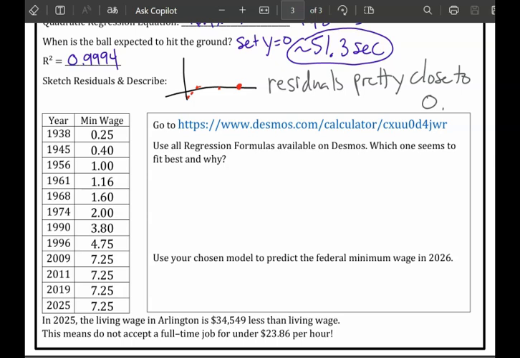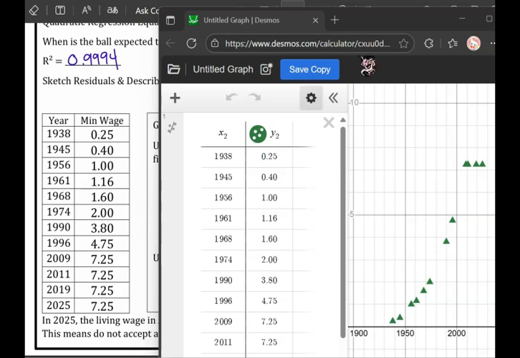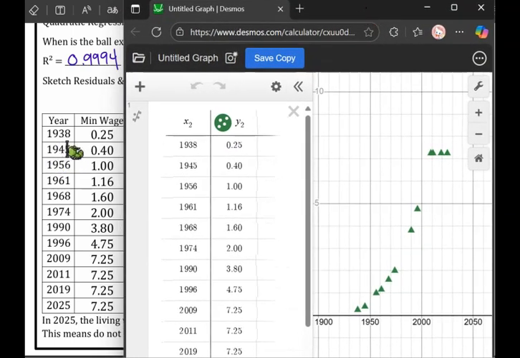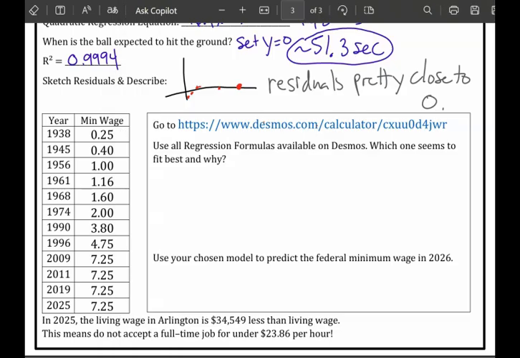All right, so let's go to this Desmos page specifically. This Desmos page takes you directly to the years and minimum wages already graphed. So use all the regression formulas available on Desmos. Which one seems to fit the best and why? Go ahead and write those down.